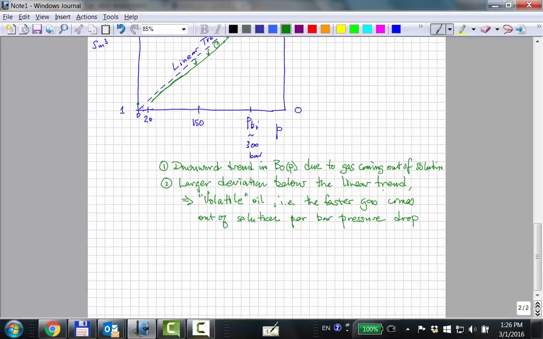The third thing that you should make note of is that the volume shrinkage is directly proportional to how much gas comes out of solution, oddly enough.